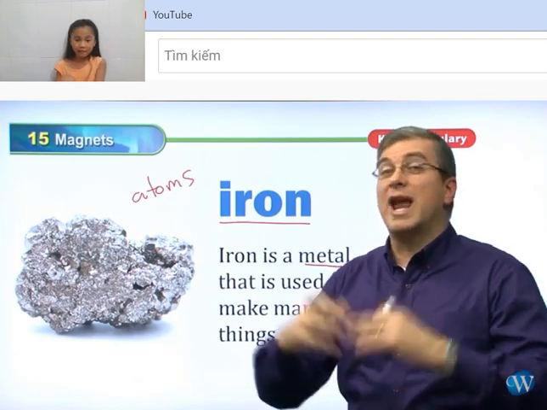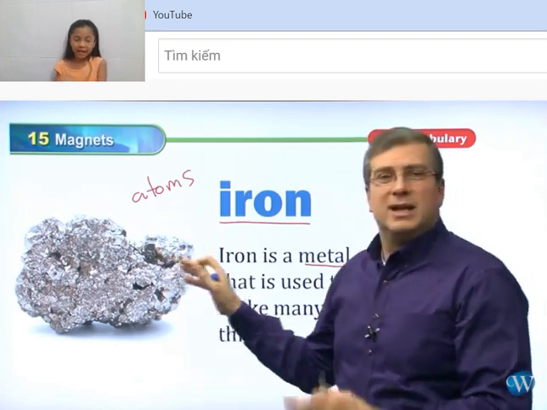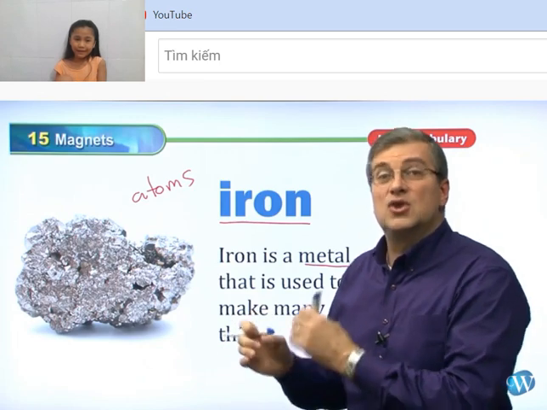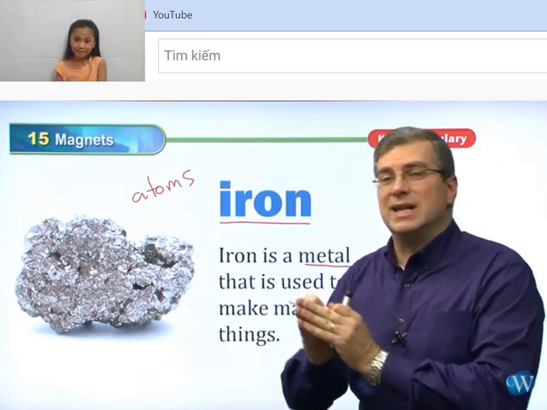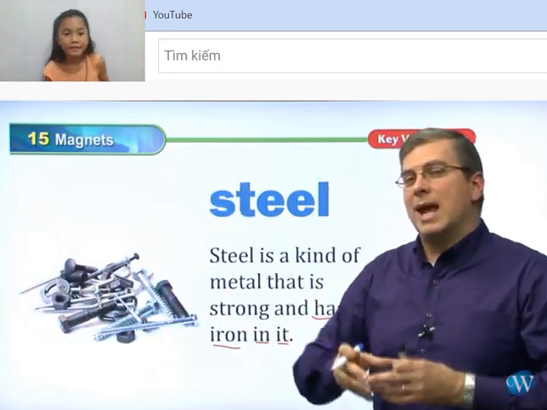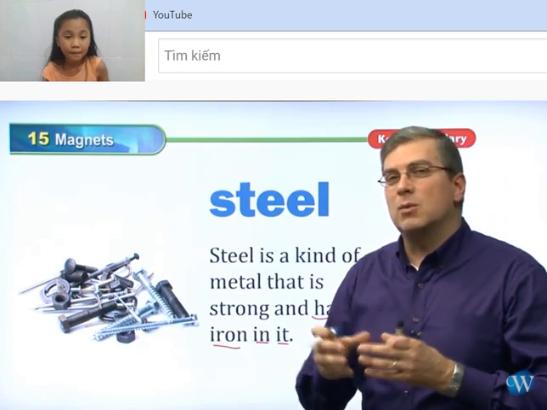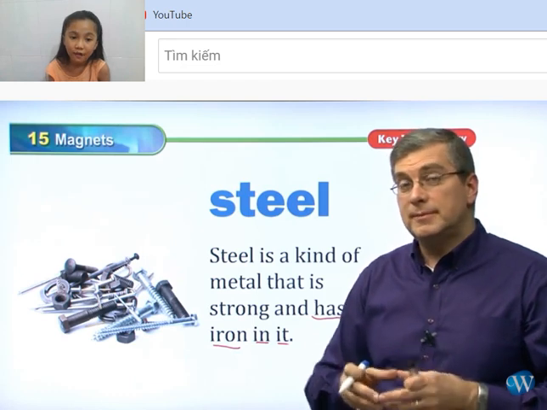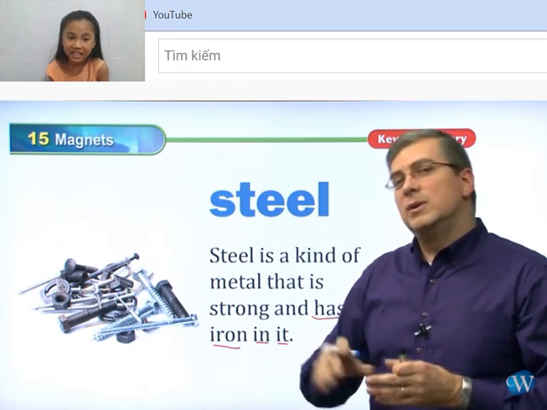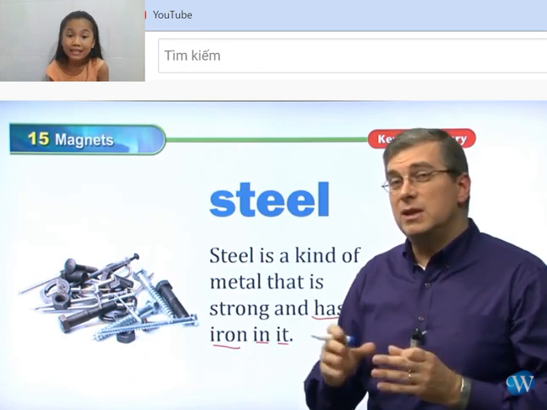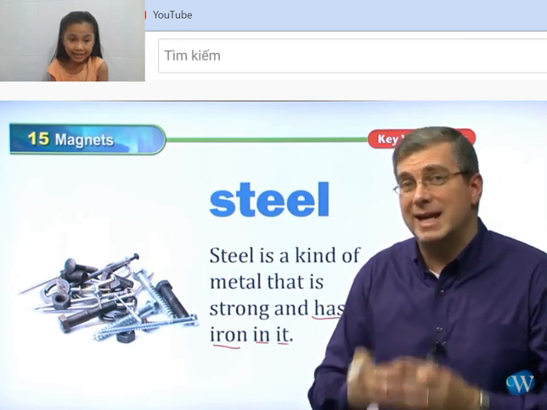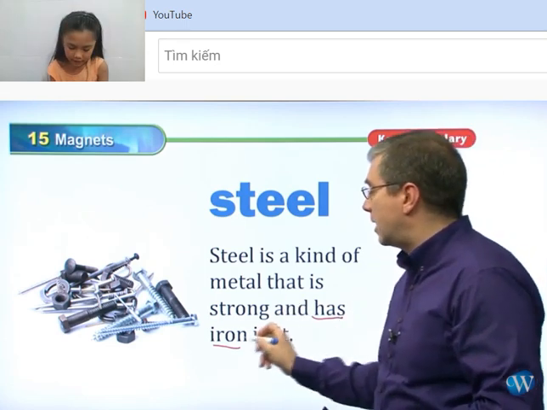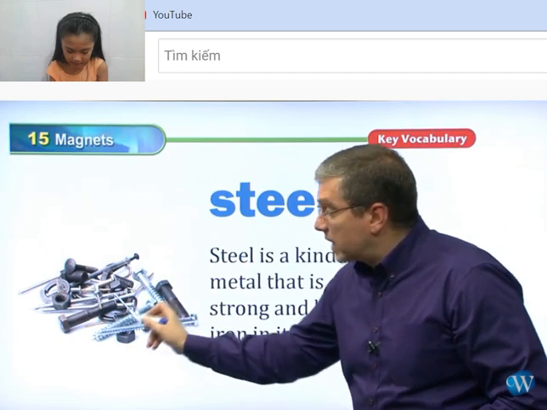Iron is one kind of metal, and it includes a lot of atoms. The next word we have here is steel. Steel is one metal that is strong. It's very strong. It has iron inside it, a small amount of iron, right?